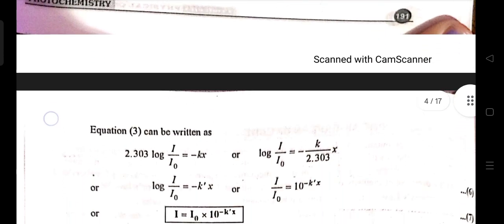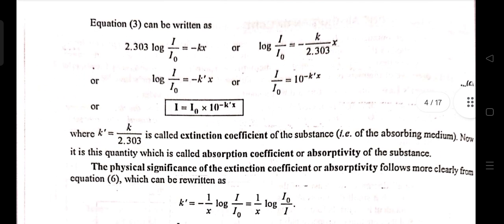So equation number 4, that is I = I0 e^(-kx), can be expressed in another form which can be derived as follows. 2.303 log(I/I0) = -kx, and log(I/I0) = -(k/2.303)x, so log(I/I0) = -k'x, and I/I0 = 10^(-k'x).